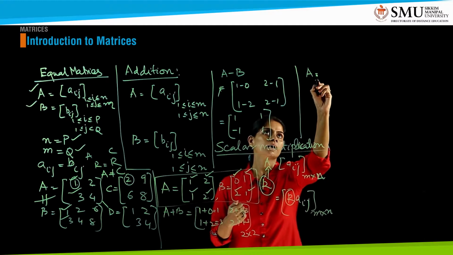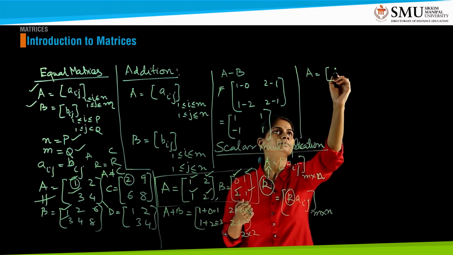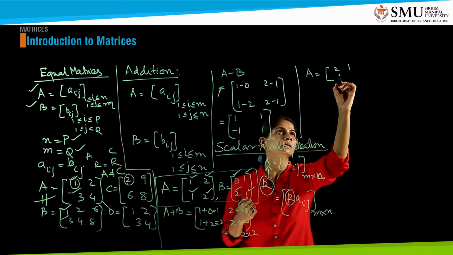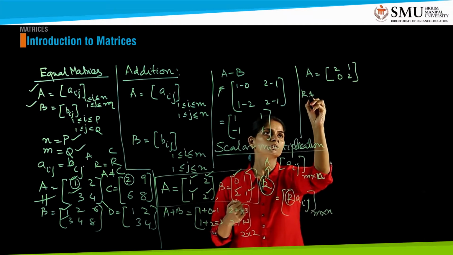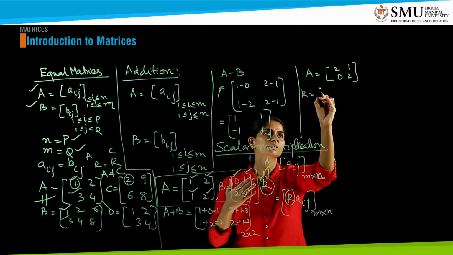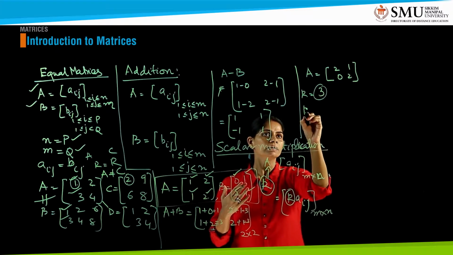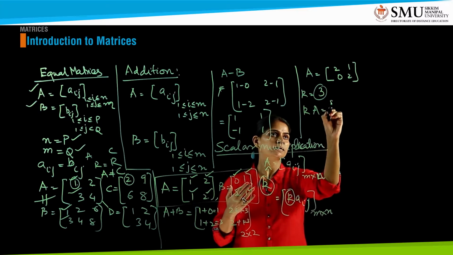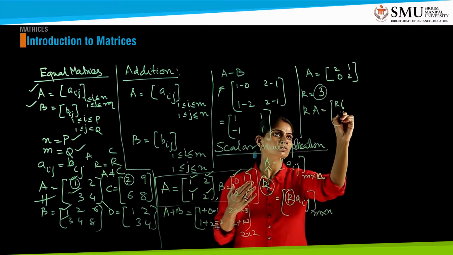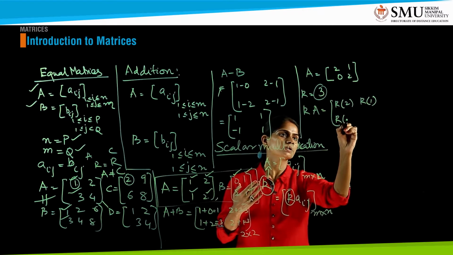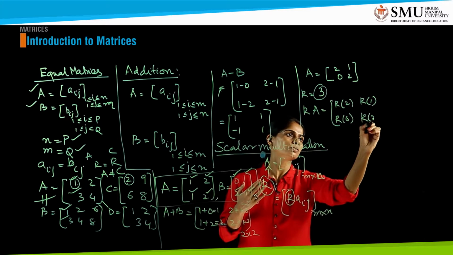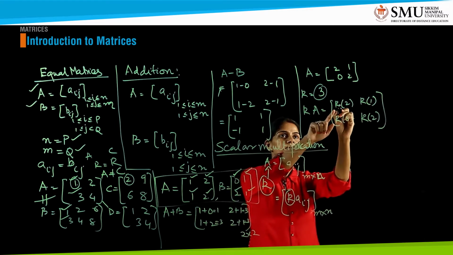Let us suppose that A is equal to 2, 1, 0, 2, okay? And our k is equal to the number 3. So, k times A means k into 2, k into 1, k into 0 and k into 2. What is the number k?